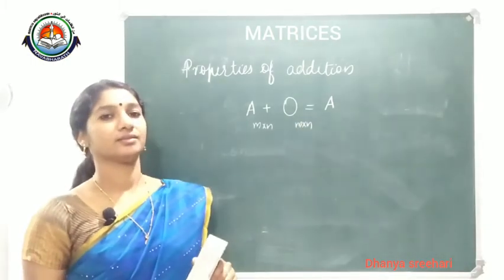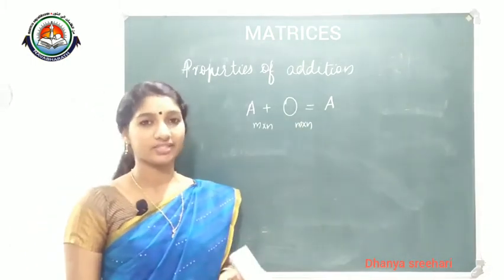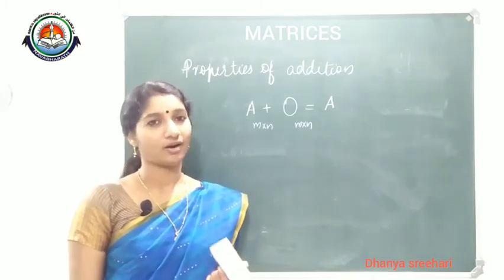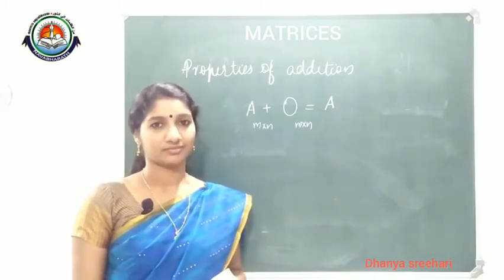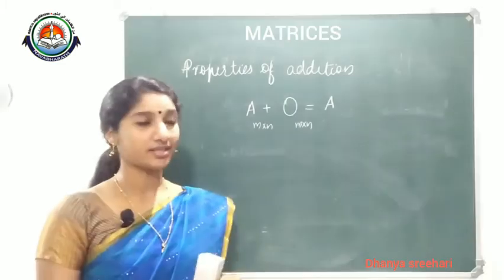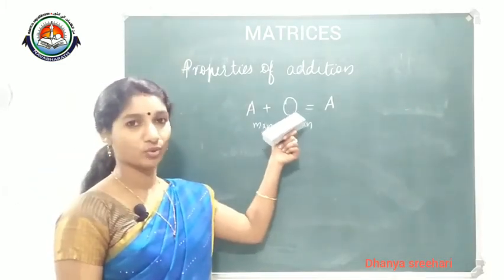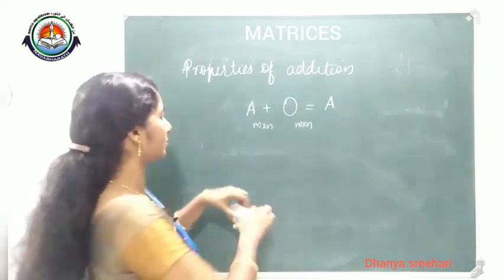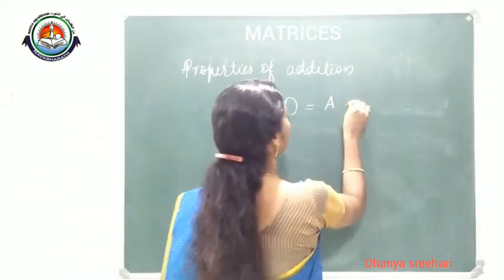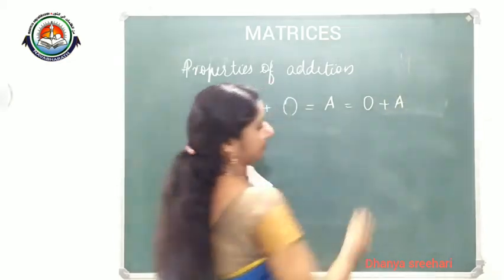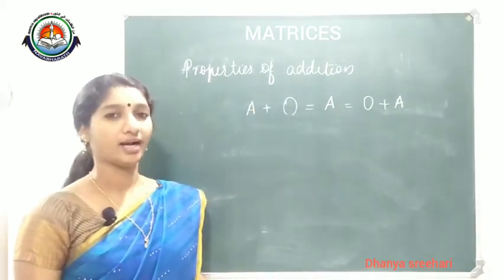So that zero matrix will be the additive identity of matrix addition. Clear? In the set of matrices, additive identity is zero matrix. We will call it O. So A plus O is equal to A, that is equal to O plus A. This is the property of additive identity.